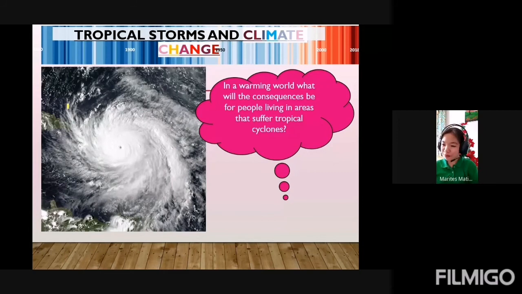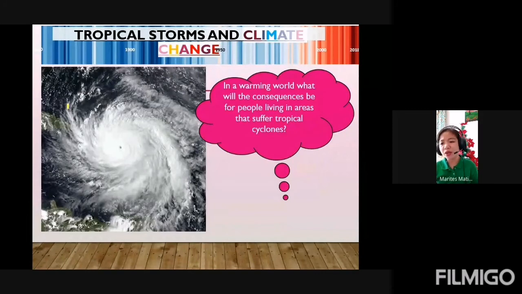So now, let's think about this. Okay? In a warming world, what will be the consequences for people living in areas that suffer tropical cyclones?